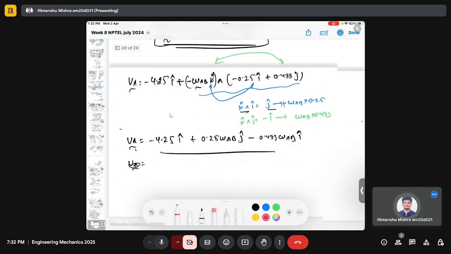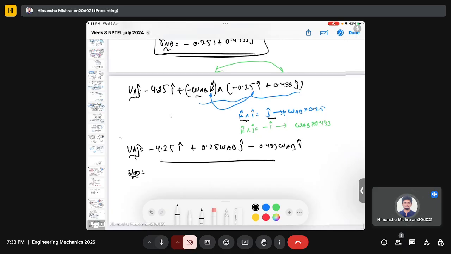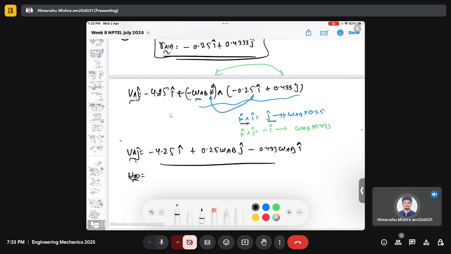So this vector VA is actually in the y direction only. If we split the x component and y component, we will have the x component, which is 4.25.